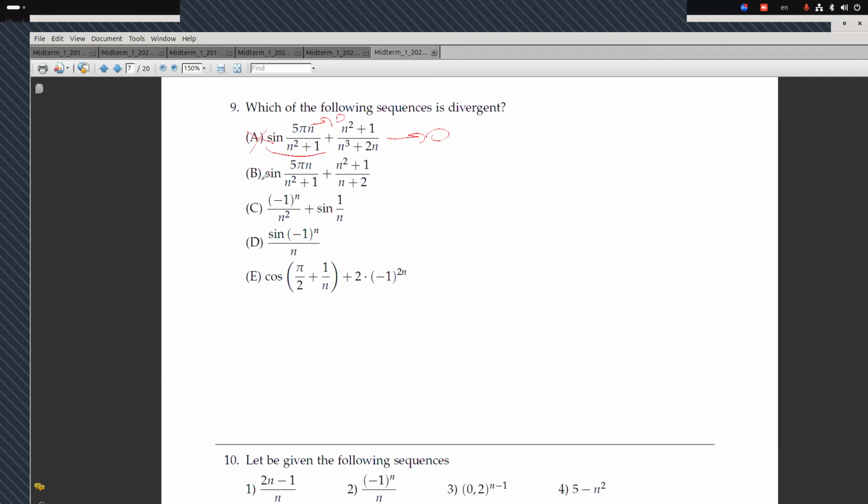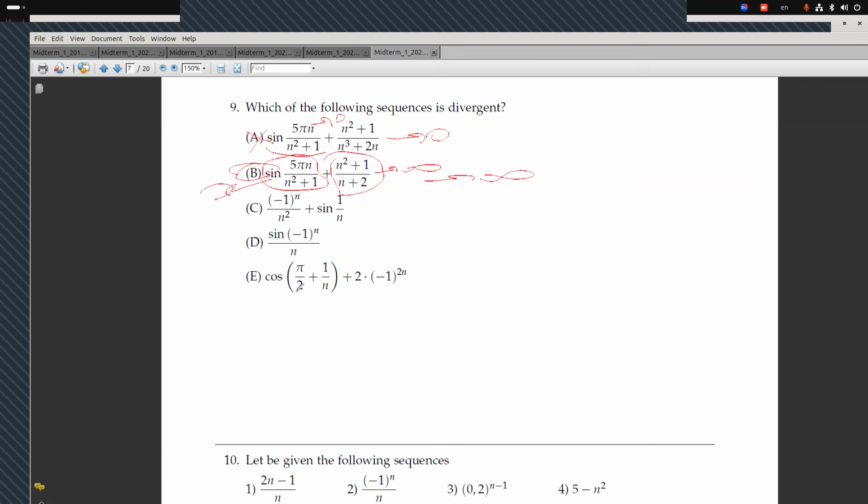What about B? What is the limit here? It is the same, 0. What is the limit here? Infinity. 0 plus infinity is infinity, and it's divergent. So it is divergent. The rest are convergent. 0 plus 0.